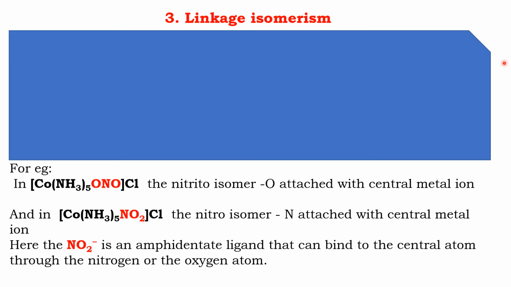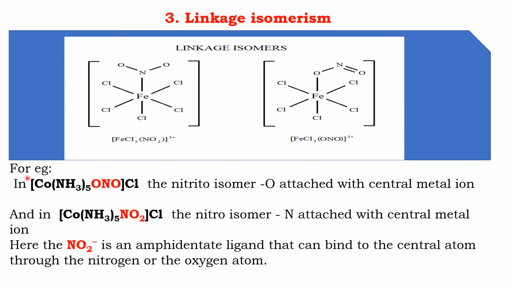See here. I have an example, [Co(NH3)5ONO]Cl. And I have another example, [Co(NH3)5NO2]Cl. In the first compound, the oxygen is bonded to the cobalt atom. The metal-ligand bond is between cobalt and oxygen. But in this particular molecule, the metal cobalt is bonded with nitrogen.